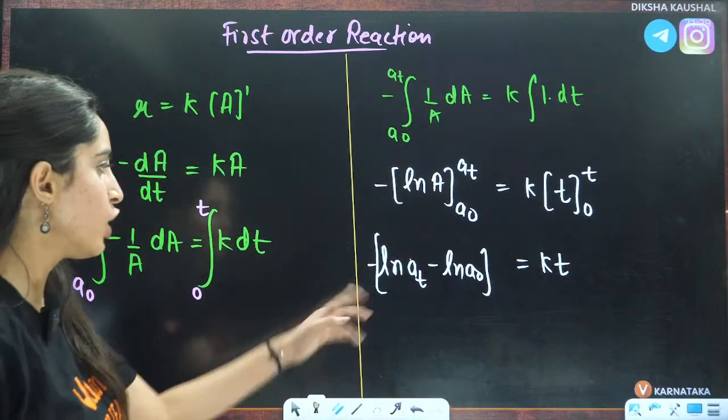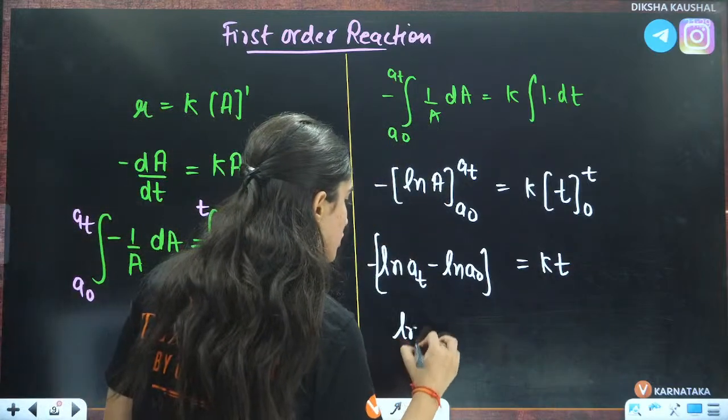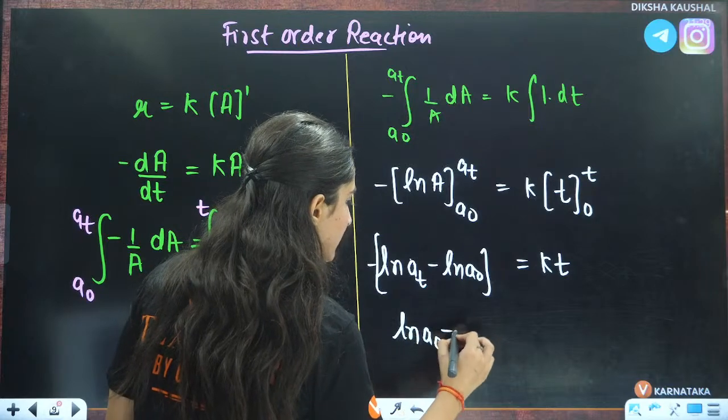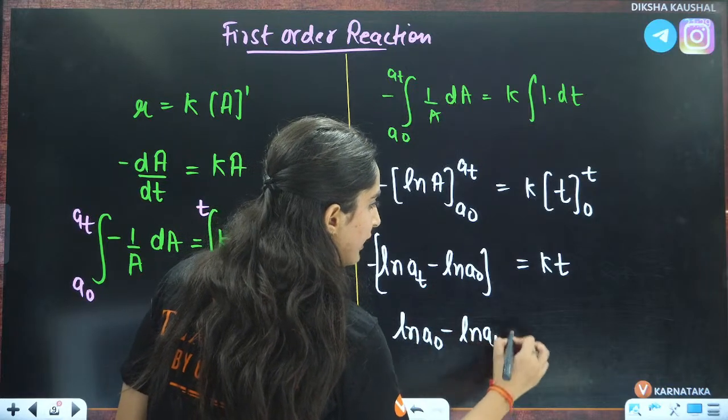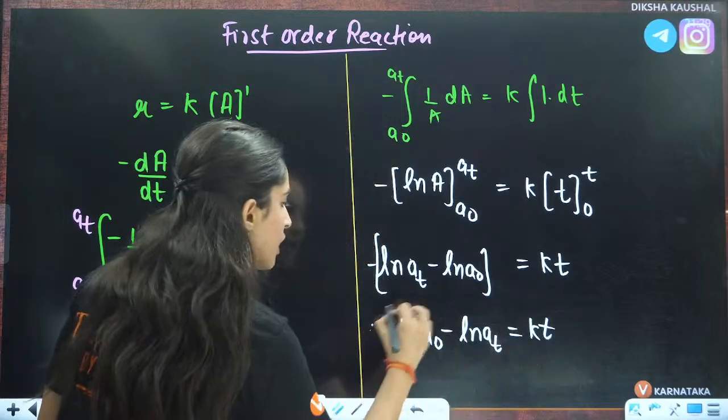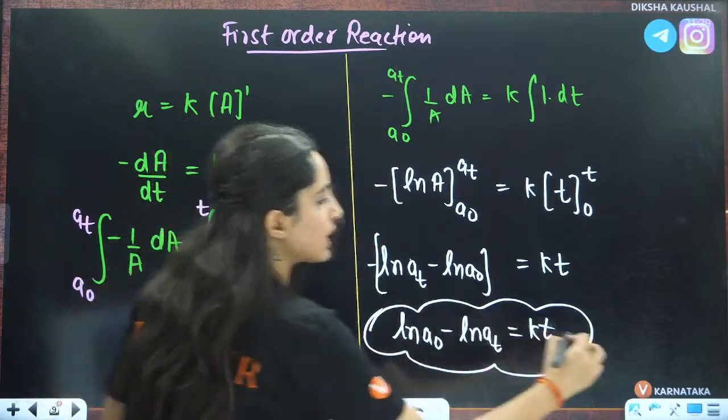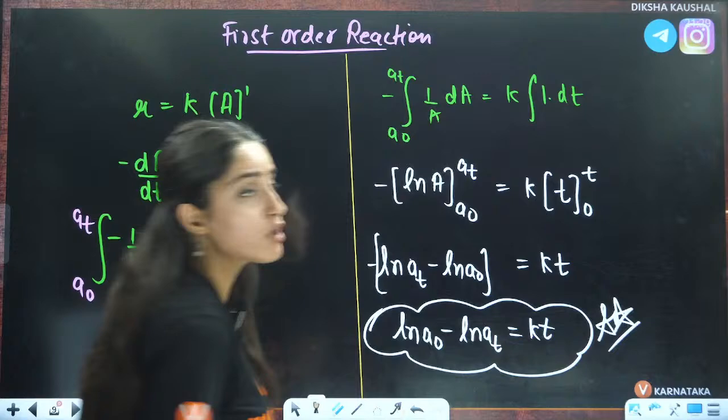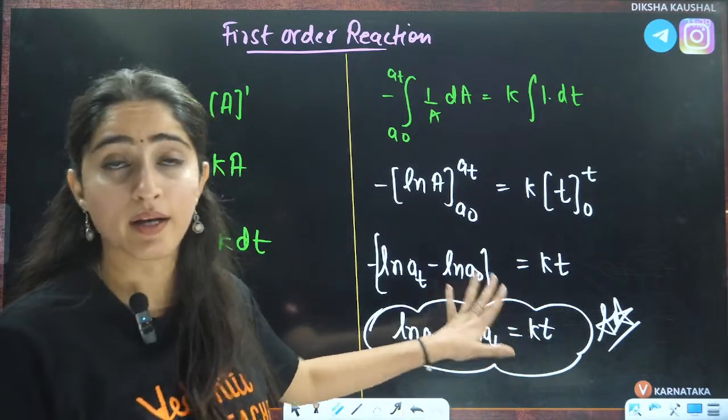And this is Kt. So it becomes natural log of A naught minus natural log of At equals Kt. Now this is the first equation that you need to remember for first order reaction.